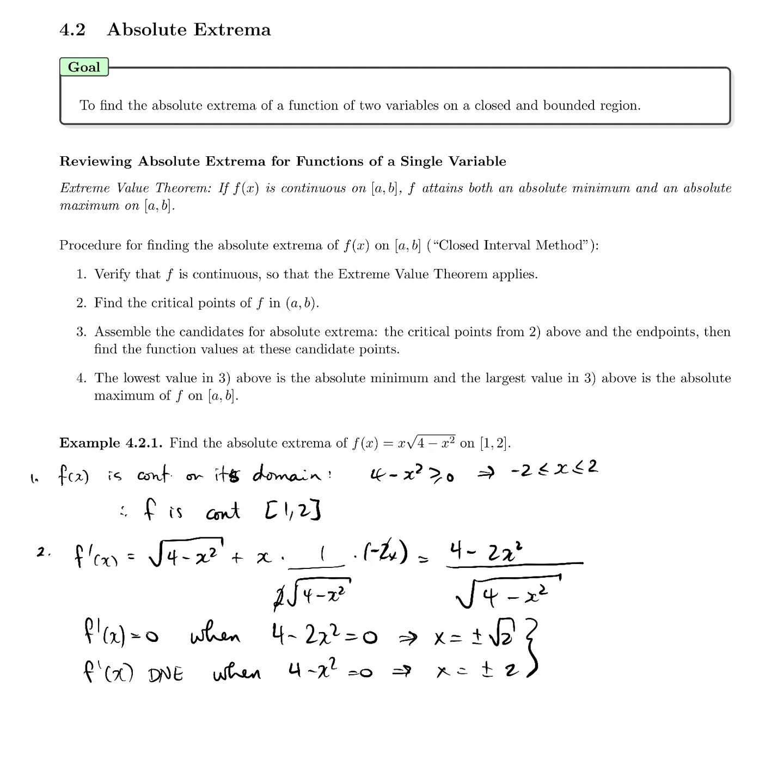We're looking only in the interval [1, 2], so we're looking actually in the open interval (1, 2). So in the open interval (1, 2), the only critical point that we have is root 2.